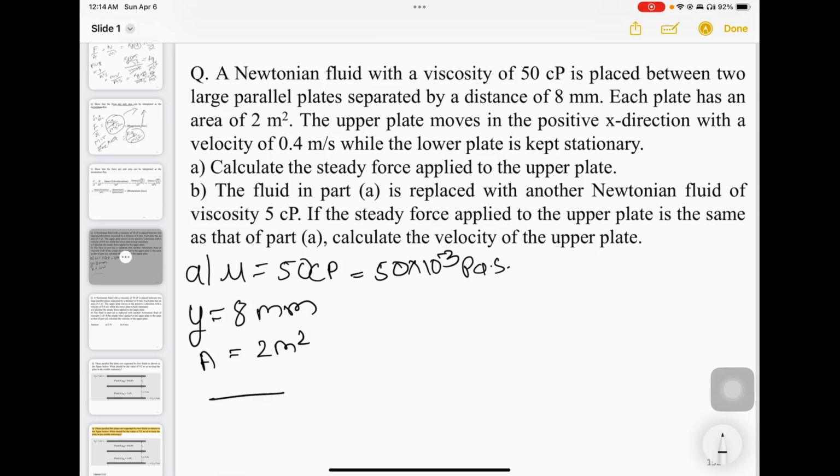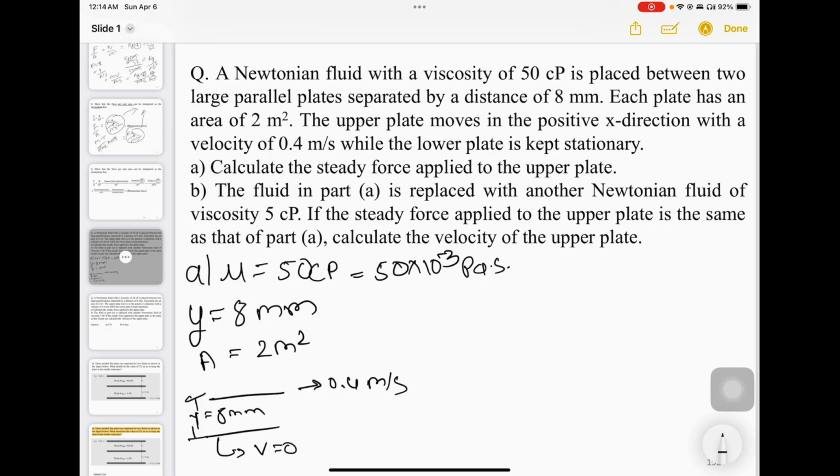So our situation is we have two plates. The upper plate is moving with a velocity of 0.4 meters per second, and the lower plate is stationary, which means velocity is 0. And we have this distance between them, y, as 8 mm.